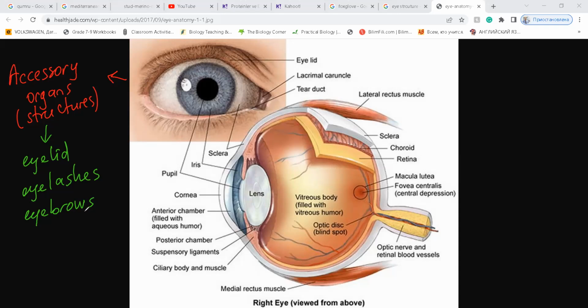Accessory structures also contain tear glands. You know that, guys, we have two tear glands, which are located on the upper left corners, okay? And you know that tear glands, of course, from the name, produce tear.